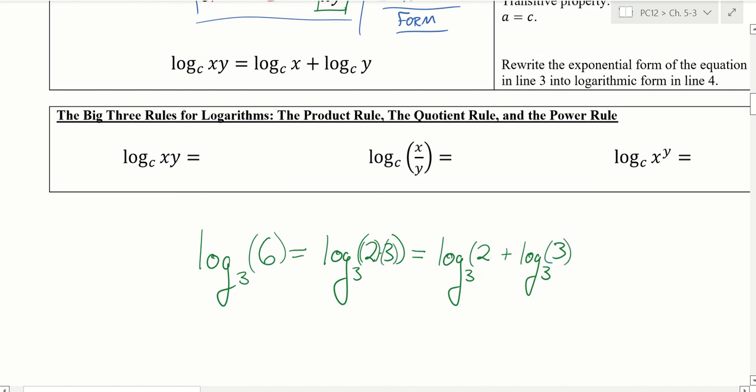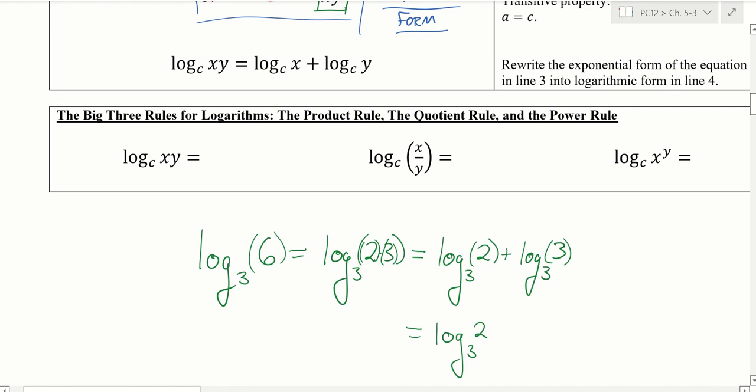This is a good example for showing how we could simplify further, because log base 3 of 2, I have no idea what that is. I have some idea: it would be less than 1 and greater than 0, but beyond that, you would need a calculator for it.